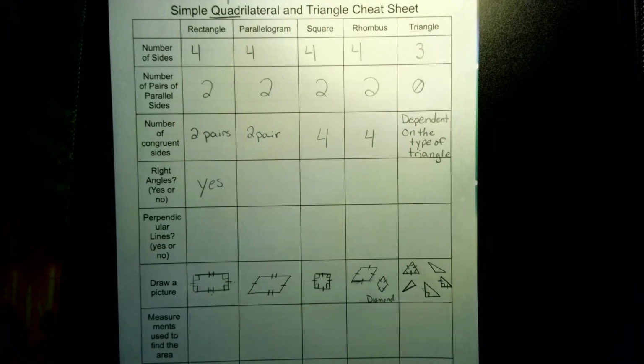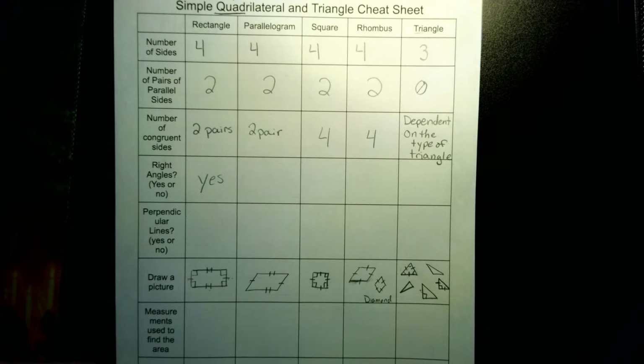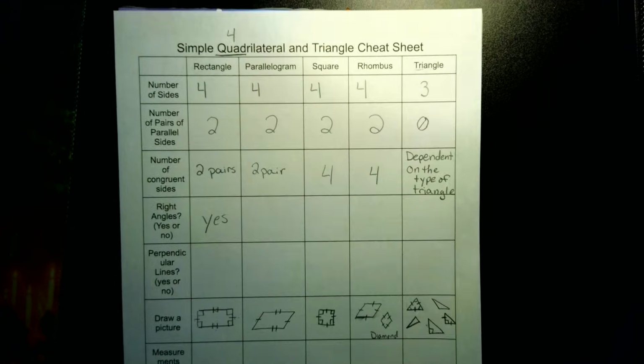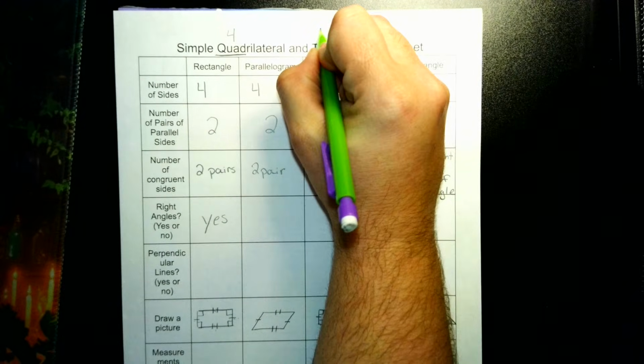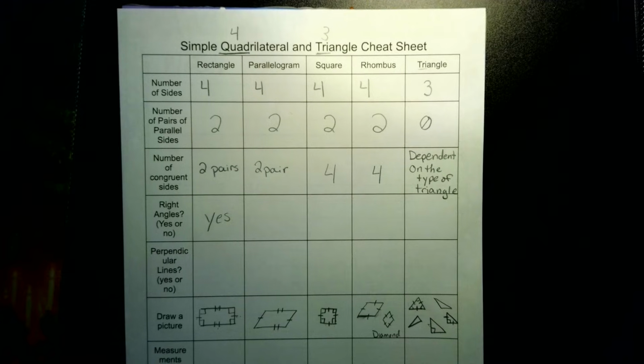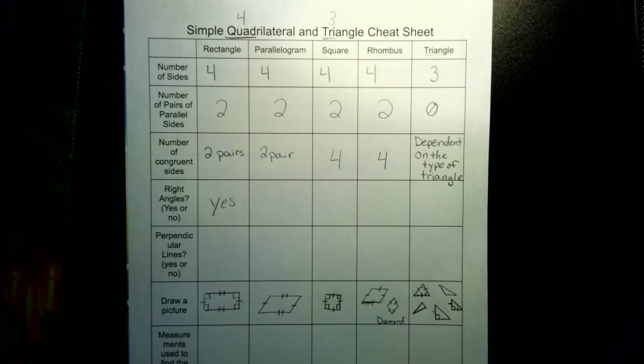Meaning 4-sided figures. Now, these aren't all of them. You still have things like trapezoids, which we'll talk about later in the unit, but this is just part of it, okay? We're talking about a specific grouping of them right now, but quad meaning 4, while we already talked about triangle. I do know that one. Triangle means 3. So just kind of helping you out with some of those verbiage, some of those root words or root prefixes, if you will.